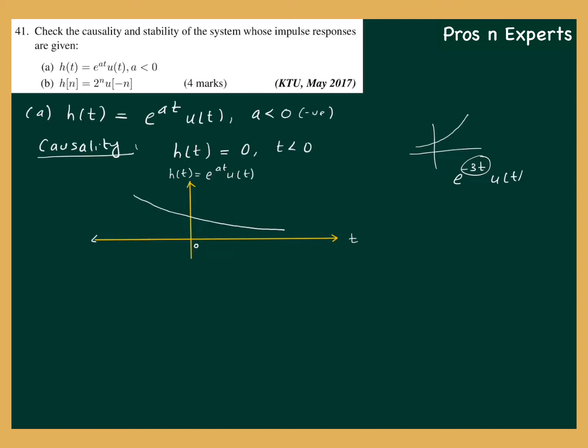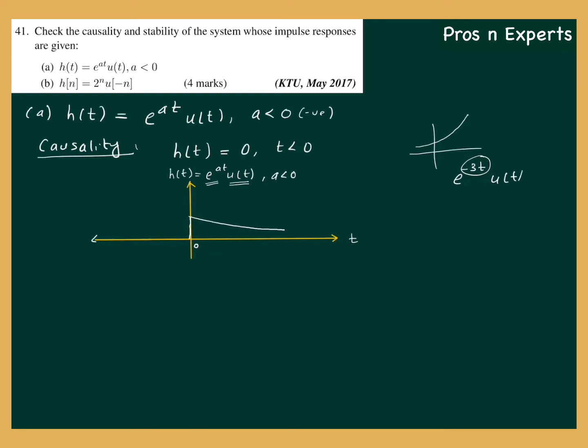Now this e raised to at for a negative is multiplied with u of t. What happens? All the values in the negative time axis will be multiplied with 0, because u of t is 0 in the negative time axis. So the signal truncates like this. So this is h of t equal to e raised to at into u of t for a negative.